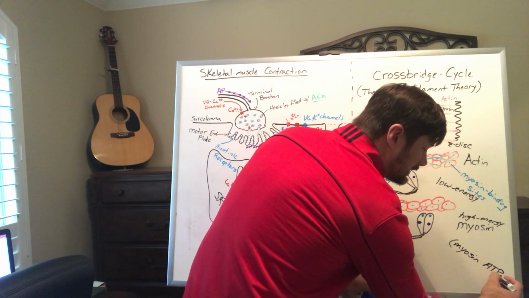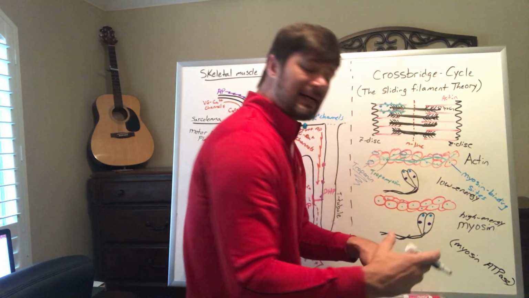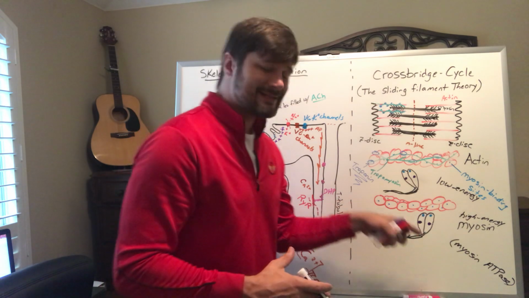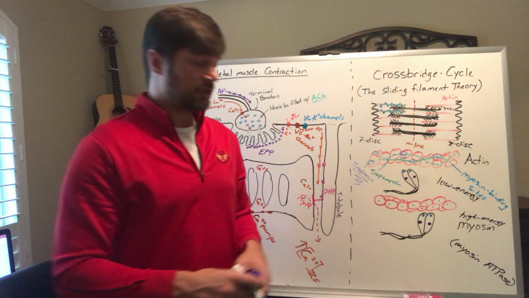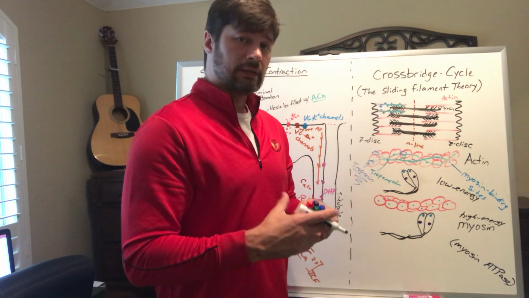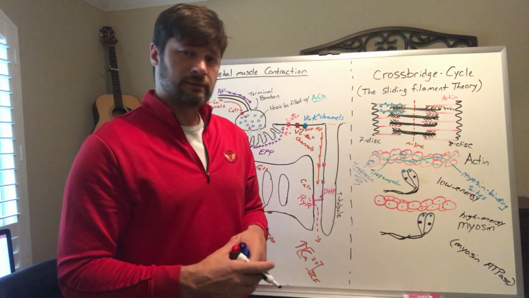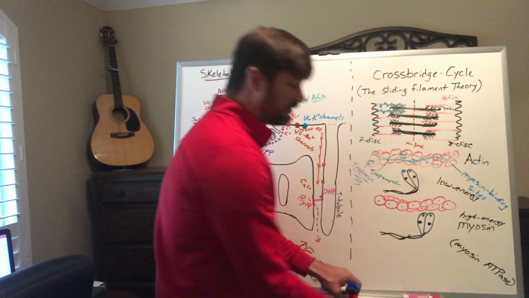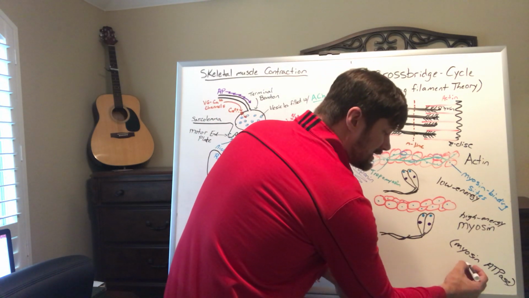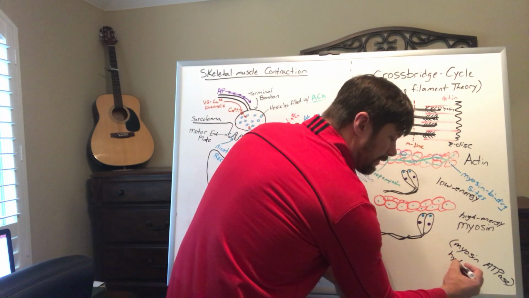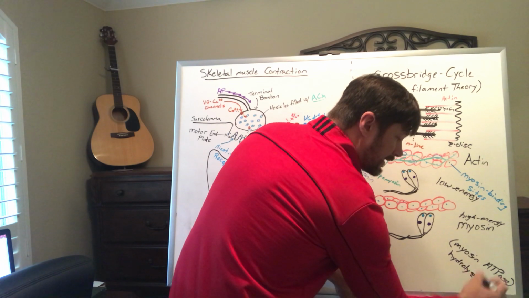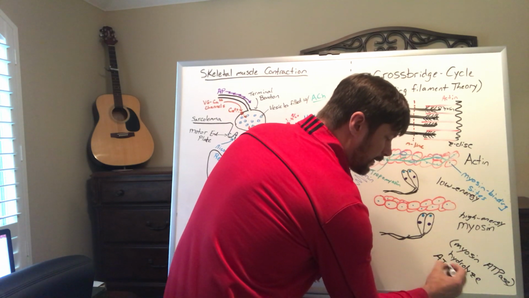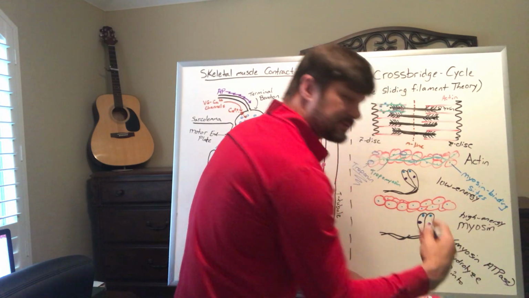Right? Myosin is actually also known by another name, myosin ATPase, which means that the myosin head is an enzyme that helps to hydrolyze ATP into ADP and inorganic phosphate. So myosin ATPase is going to hydrolyze ATP into the subsets of its parts.